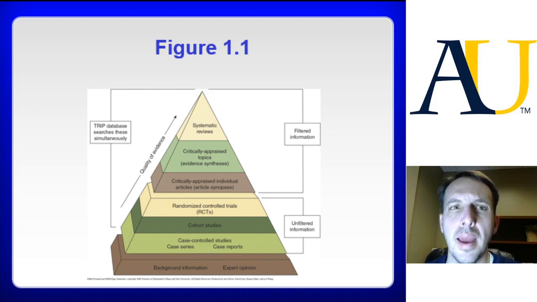And so although as we move up towards the higher levels of evidence, we can be more confident in their findings, we also need to realize that we cannot arbitrarily create ceilings where we're only going to analyze systematic reviews, for instance.